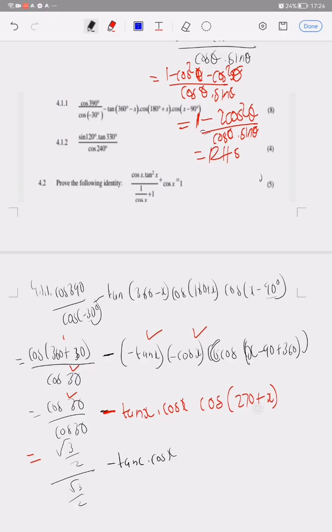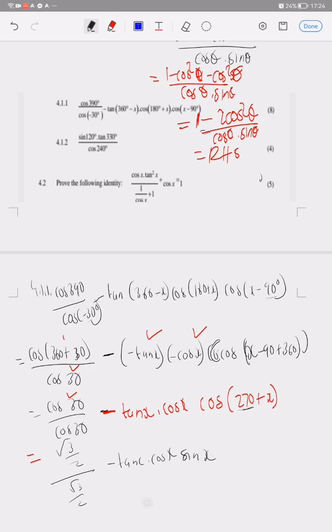Which quadrant is this one? Let's see, 270 plus x. Yes, it is in the fourth quadrant, and cos is positive. But since we have 270 here, it becomes a non-equal function, so it becomes sine x.